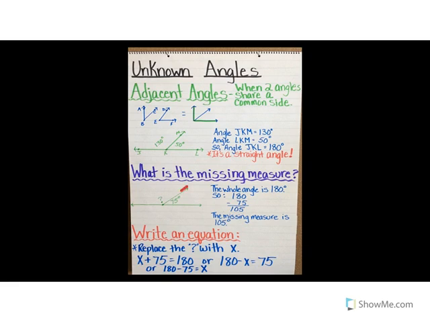I also know this part is 75. So therefore, I can just subtract. I can take 180 degrees, subtract this 75 that they told me, and I get 105. So my missing measure has to be 105 degrees.